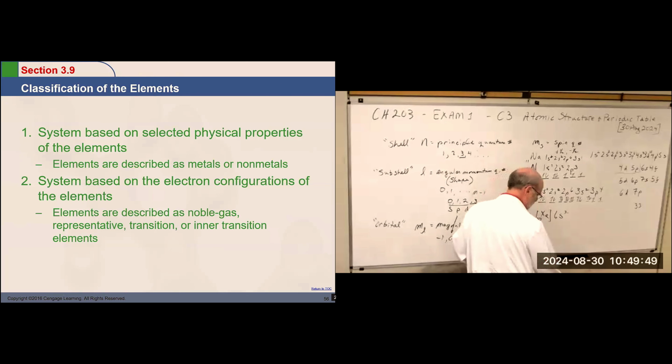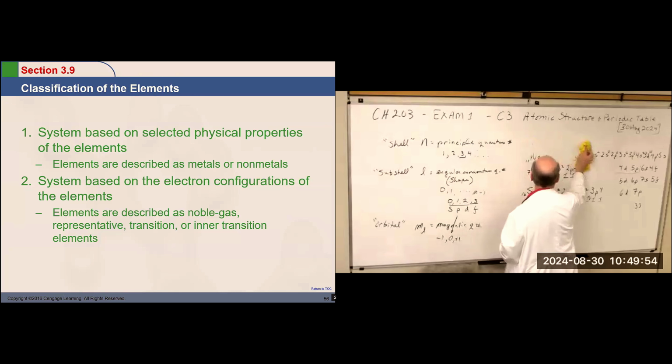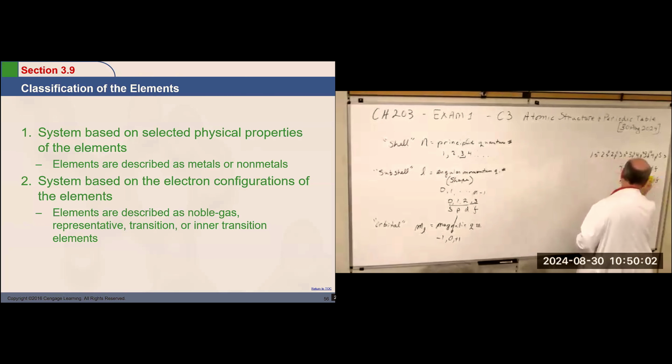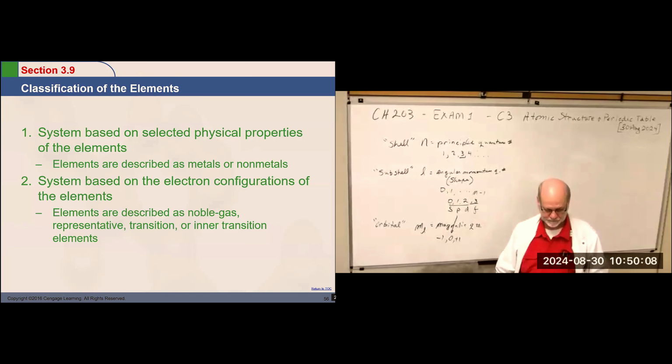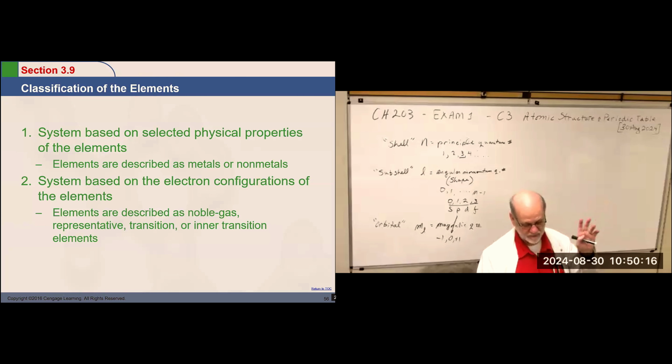So how do we classify elements? We've done part of that already. Metals and non-metals. And then the others we described as the representative elements: alkali metals, alkaline earths, boron group, carbon group, pnictogens, chalcogens, halogens, and noble gases.